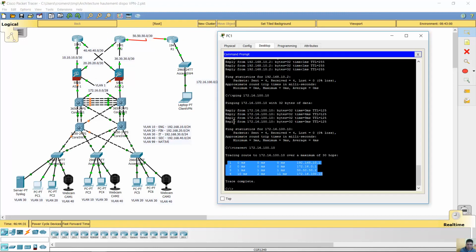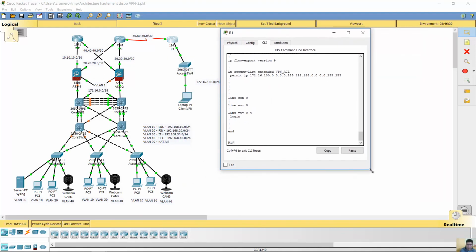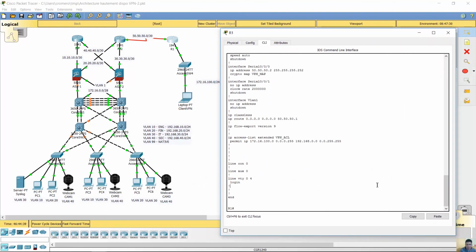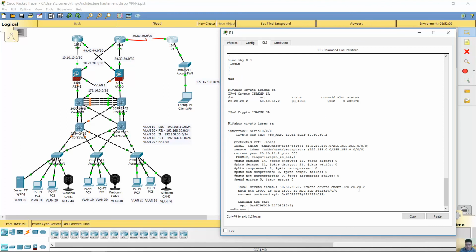Okay, another proof to test is to look at the packets sent on the VPN. Show crypto ISAKMP SA, show crypto IPsec SA, and you have the number of packets that the VPN has sent.